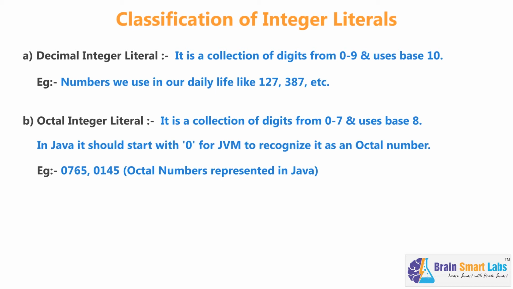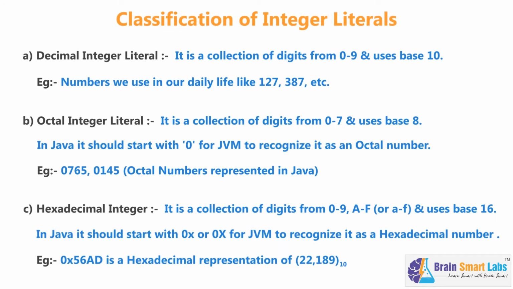In Java, to write an octal integer literal, it should start with 0 for the JVM to recognize it as an octal number. For example, 0765, 0145 are examples of octal numbers that are represented in Java.